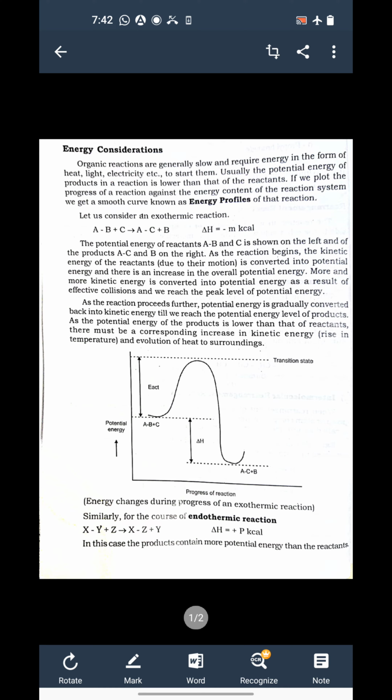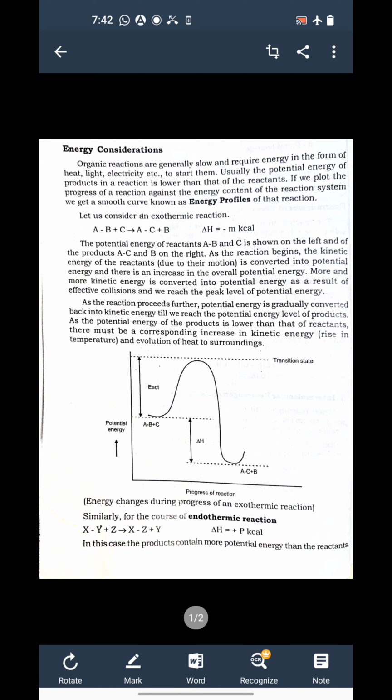Whenever a reaction is carried out, we have to supply some heat or kind of energy. It may be heat, light, or electricity, and then only the reaction is carried out very easily.